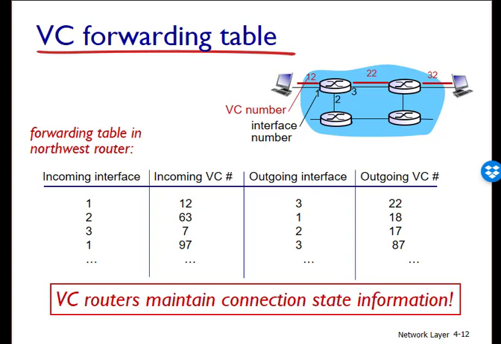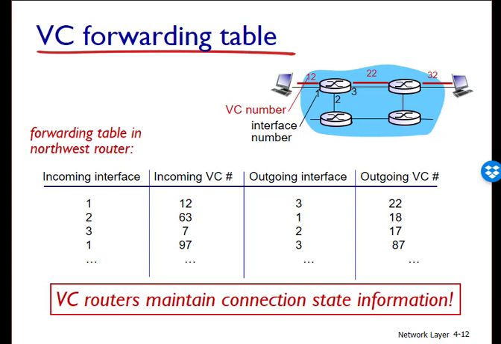The network layer also determines the virtual circuit number for each link along the path. Finally, the network layer adds an entry in the forwarding table of each router along the path. During virtual circuit setup, the network layer may also reserve resources such as bandwidth along the path of the virtual circuit.